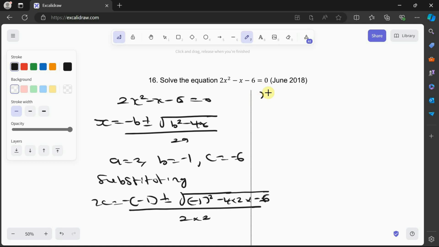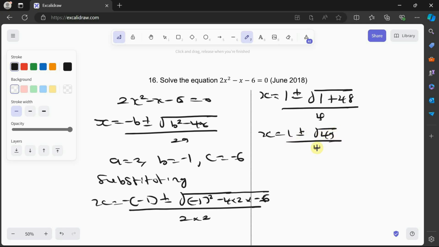So our x will be equal to, minus times minus is plus, so that will be plus 1 plus or minus square root of (minus 1) squared is 1, plus, minus 4 times 2 times minus 6, that will give you plus 48, all over 4. So our x will be equal to 1 plus or minus square root of 49 all over 4, which is now 1 plus or minus 7 all over 4.